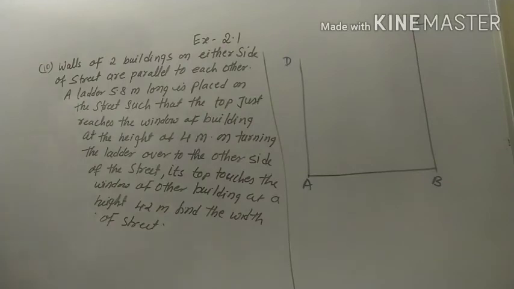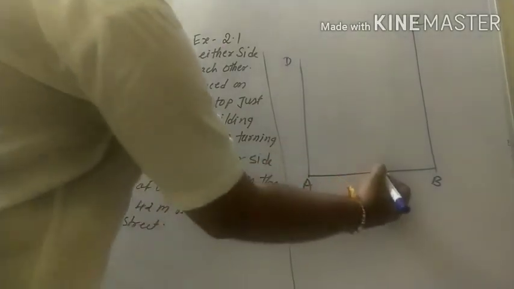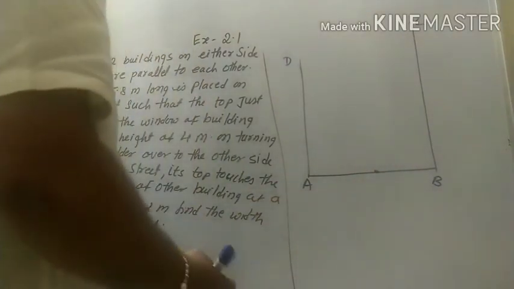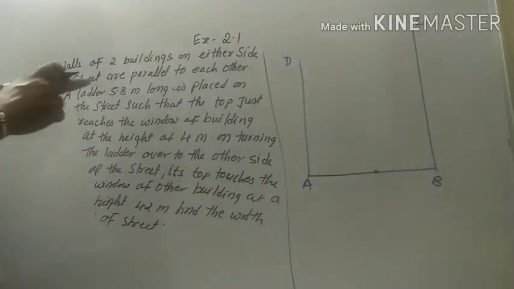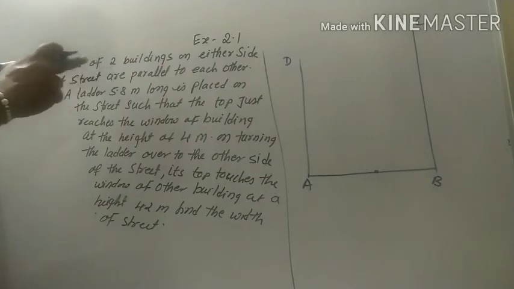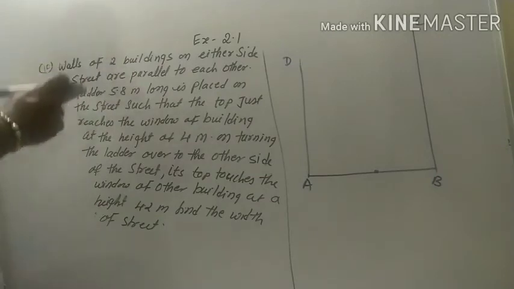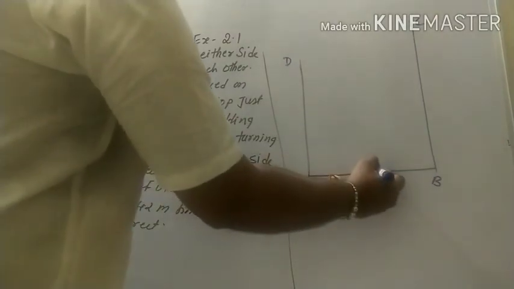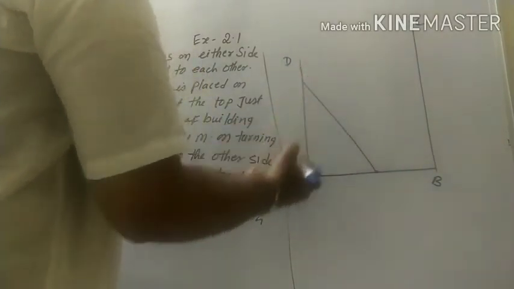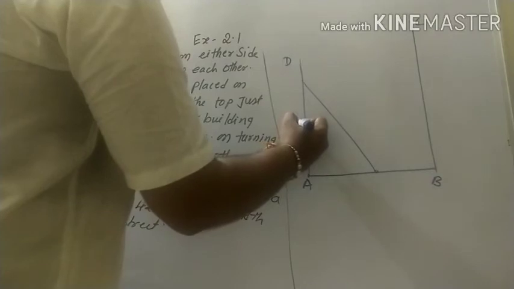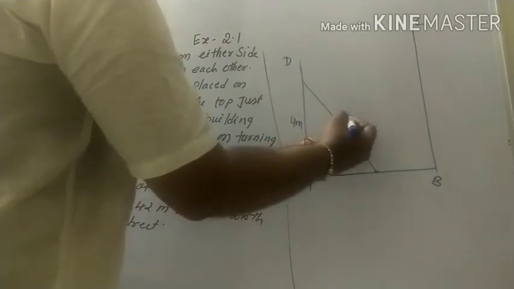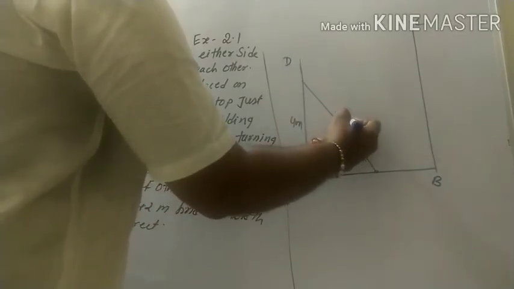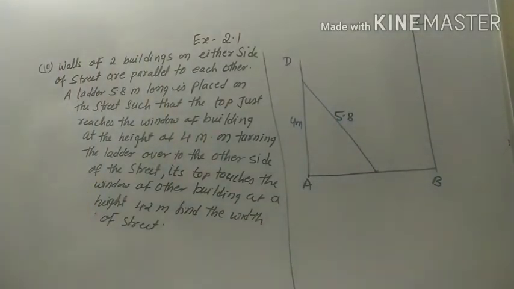A ladder 5.8 meter long is placed on the street such that the top just reaches the window of the building at the height of 4 meter. The first ladder touches a height of 4 meter and the length of the ladder is 5.8 meter.